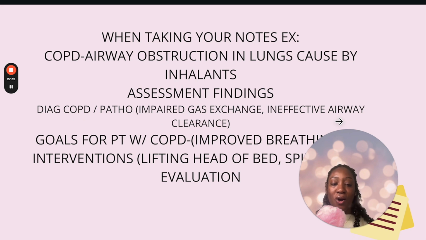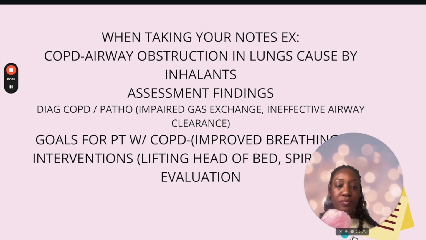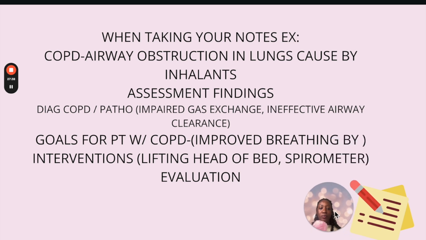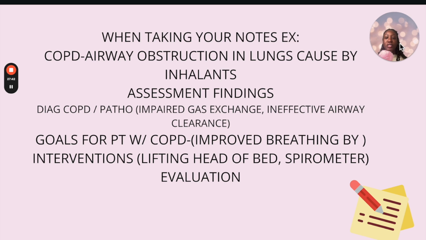Okay, so here goes the good part. I'm trying to make me smaller so that way you can see. Okay, so when it comes to taking your notes based off the questions, you see what I'm talking about when it comes to knowing your assessment, knowing the diagnosis, and sometimes even knowing the causes of these diagnoses.